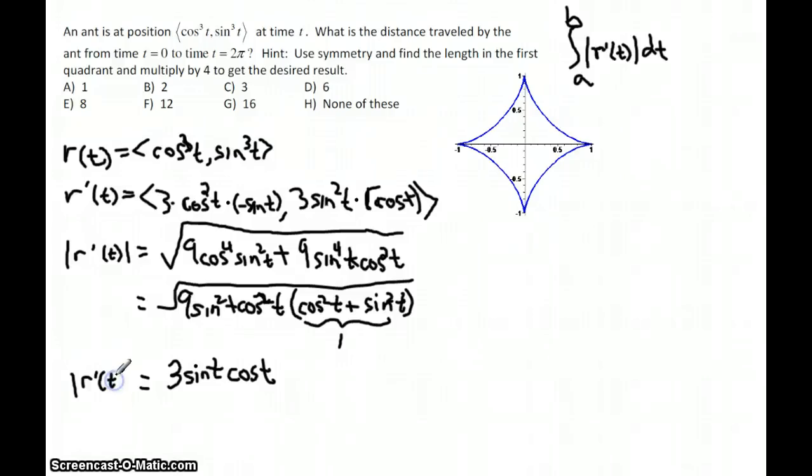And our arc length formula, we are going to integrate this from 0 to pi over 2 and then use symmetry to multiply by 4. So the answer, the arc length, is going to equal 4 times this integral.